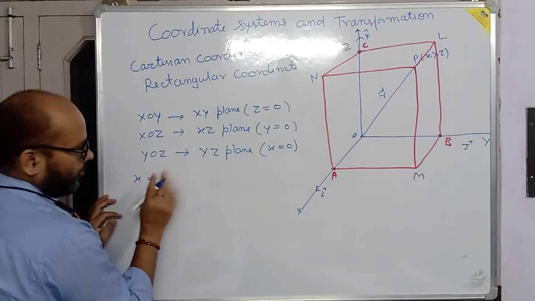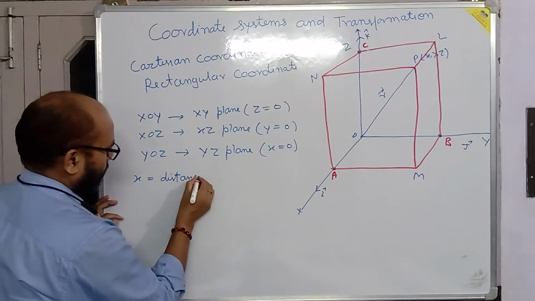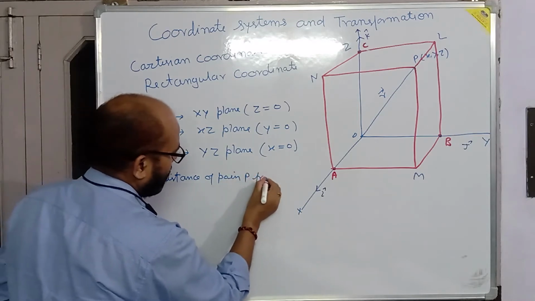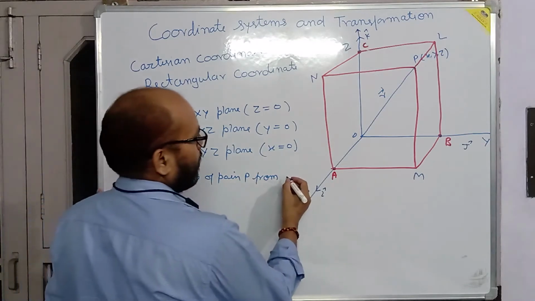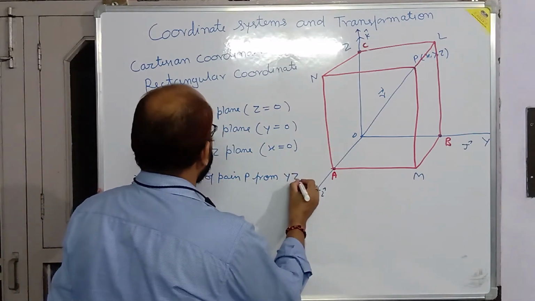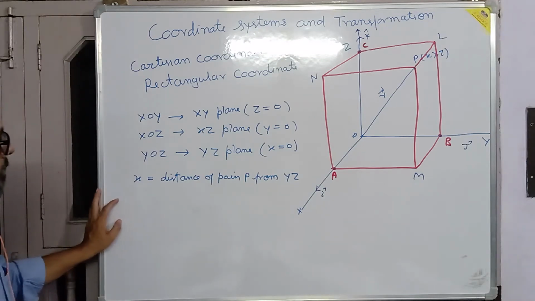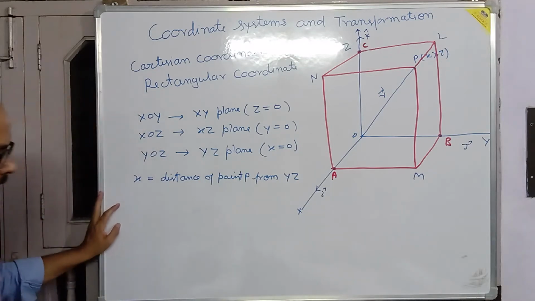x equal to the distance of a point P from which plane? YZ plane. Okay, x is the distance of point P from the YZ plane, right?